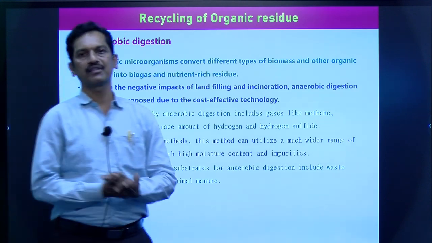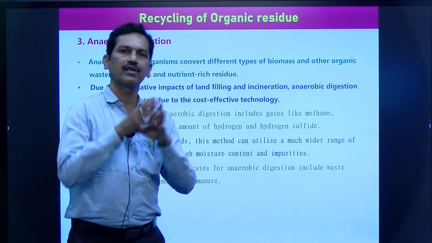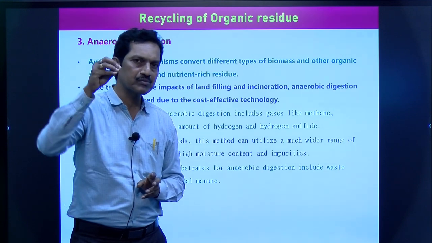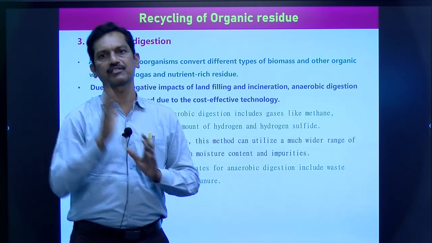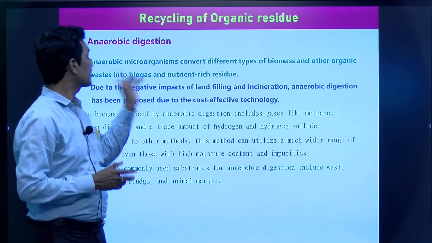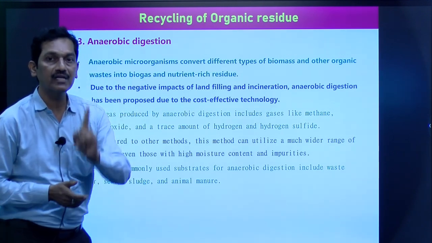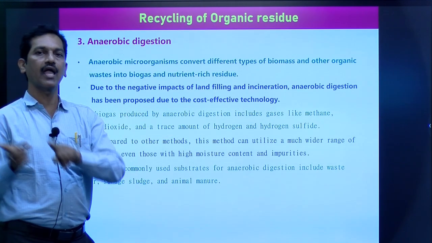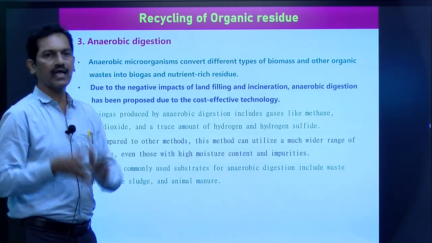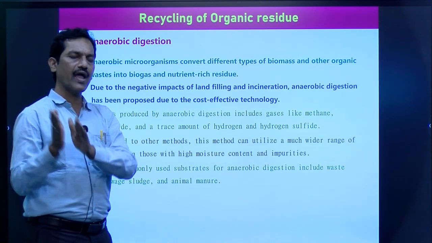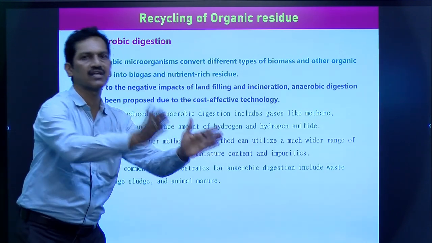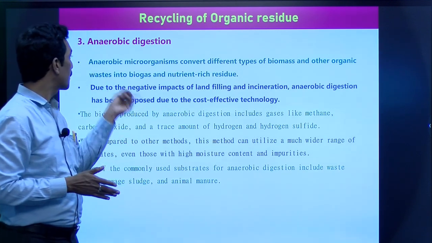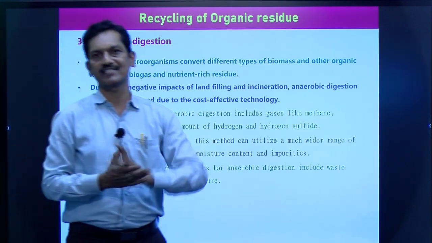In the composting method, the microbes that act on the organic matter belong to aerobic organisms. But in this third method, anaerobic decomposition or anaerobic digestion, anaerobic bacteria act upon the organic residue and convert it into biogas.